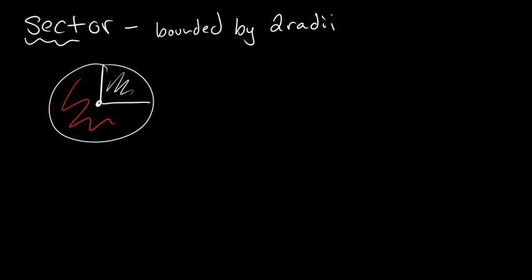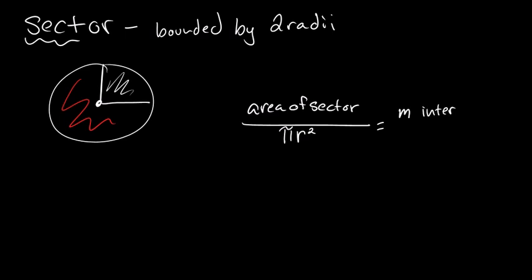And in order to find the area of a sector, we have this proportion. So the area of the sector, that we want, divided by the area of the entire circle, which is pi r squared, should be equal to the measure of the intercepted arc, which, in case you guys do not remember, intercepted arc, it's the arc created by the central angle.